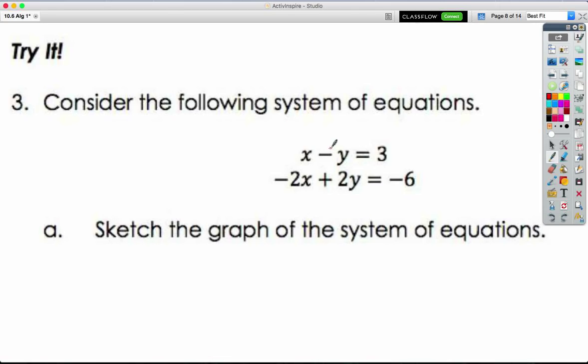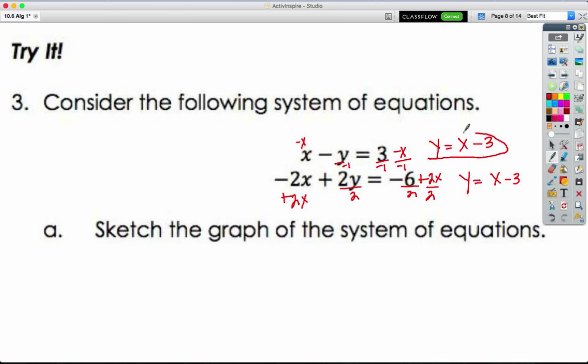For the first equation, if I solve for y by subtracting x and then dividing by the -1 in front of y, the first equation ends up being y equals x minus 3. On the second equation, if I add 2x to both sides and I divide everything by a positive 2, my second equation ends up being y equals positive x minus 3.